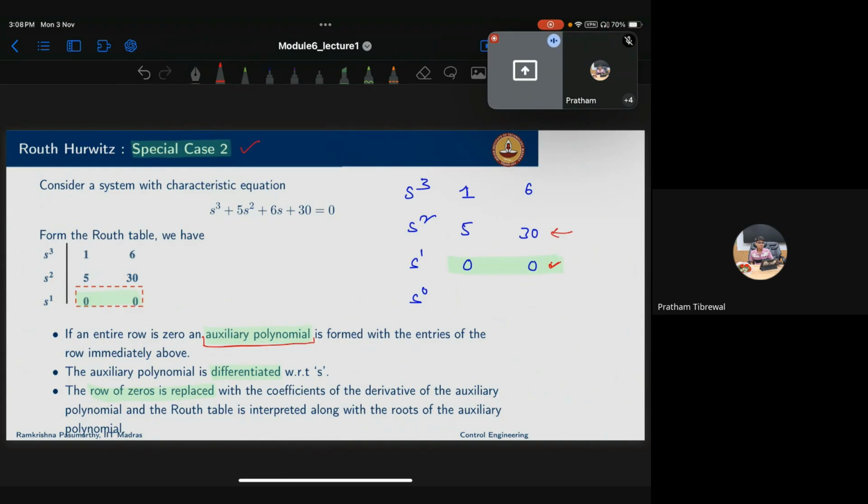What do we have there? 5 and 30. If I write the auxiliary polynomial A of s, that will be 5s square plus 30. We don't take 30s, we'll take 30, that means the s power 0 coefficient. Is this clear?